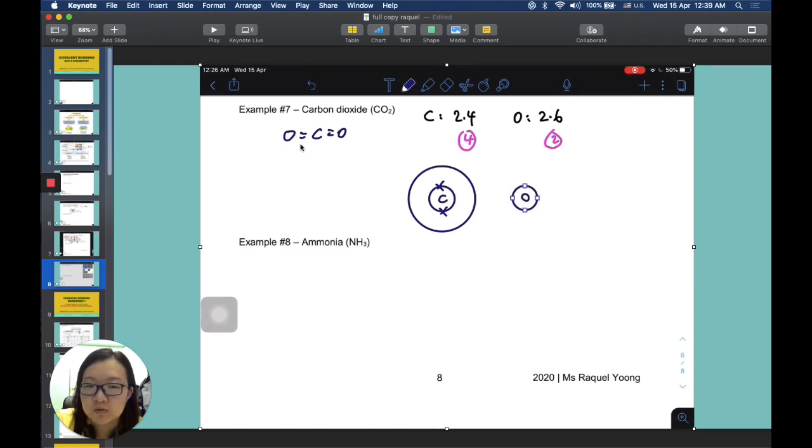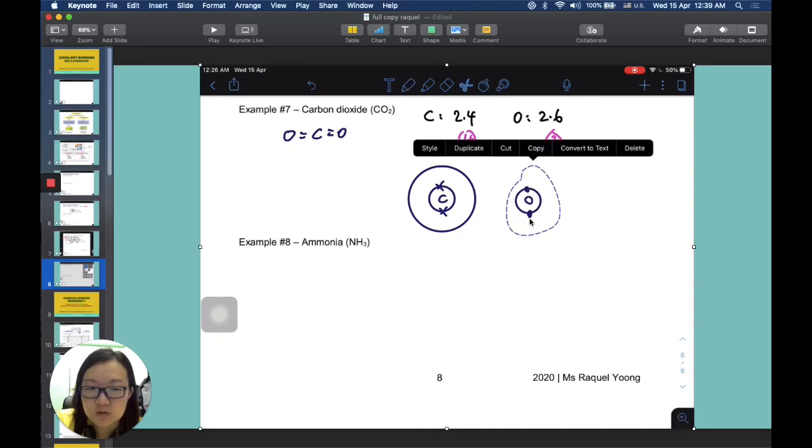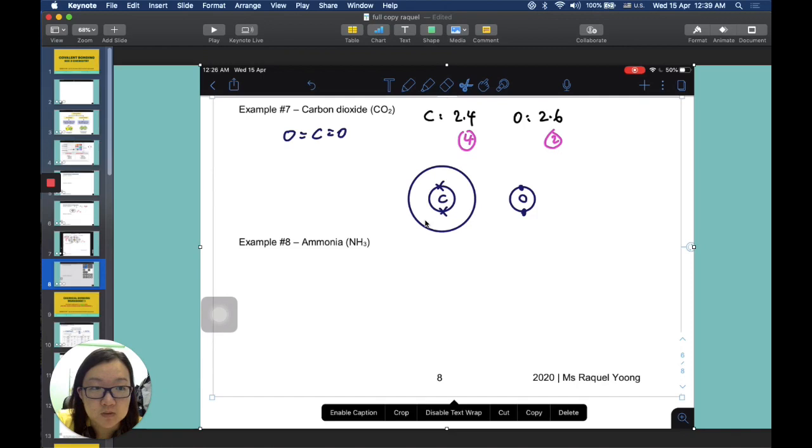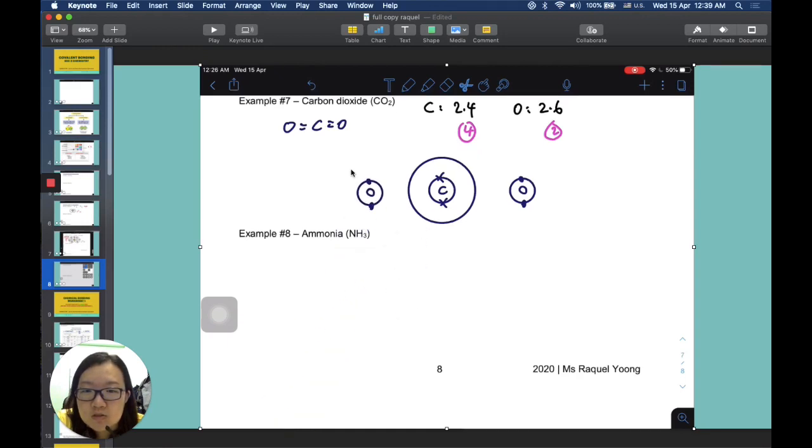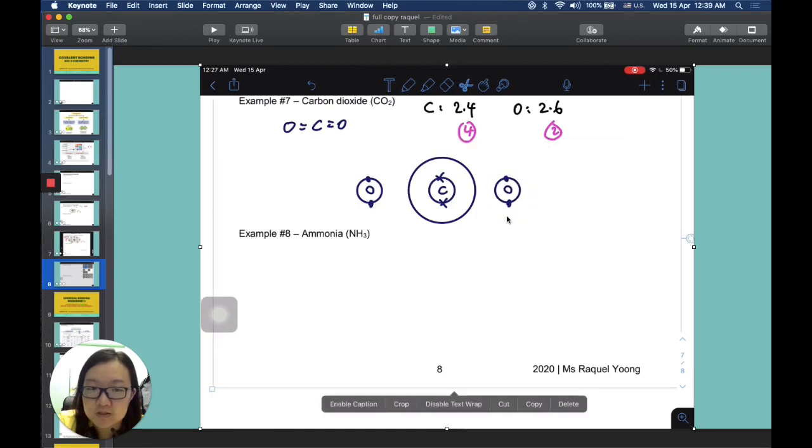Over here, at this point in time, I'm already very sleepy because it's again in the wee hours of the night, so you will see me trying very hard to shift things around. But basically, I'm trying to draw the diagram for carbon dioxide.